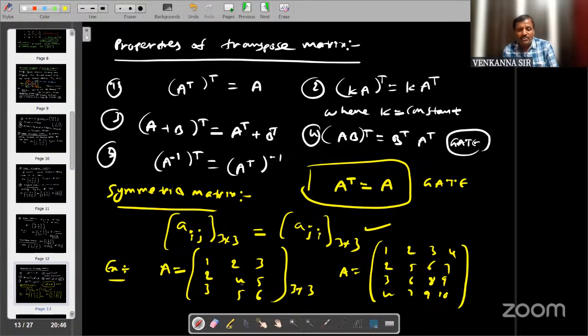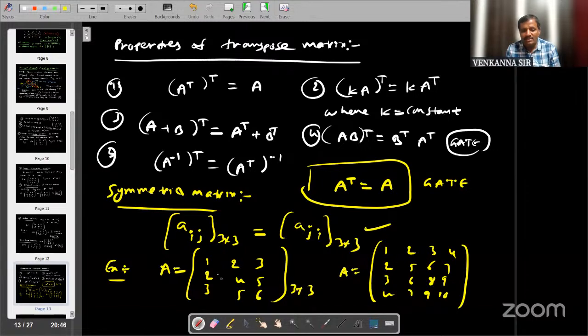What is the maximum number of distinct elements here? 6 elements are there, 6 maximum: 1, 2, 3, 4, 5, 6. Here, the maximum number of elements is 10: 1, 2, 3, 4, 5, 6, 7, 8, 9, 10.